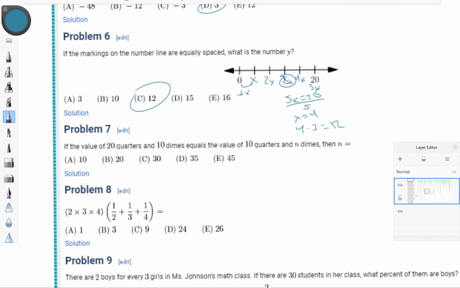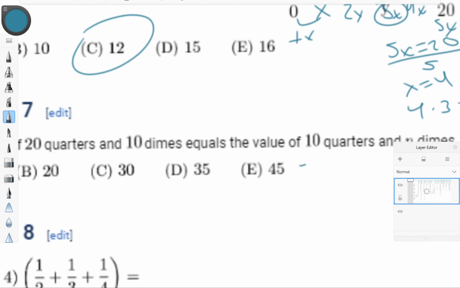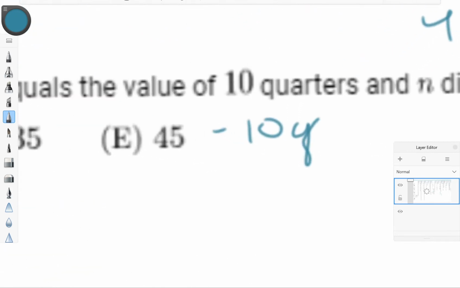If the value of 20 quarters and 10 dimes is equal to the value of 10 quarters and n dimes, then n is equal to... Okay, well, let's find, because we're subtracting 10 quarters, right? So minus 10 quarters. So let's find the value of how much we're subtracting. 10 times 25 is 250, right?